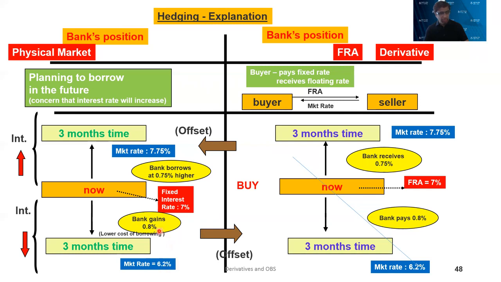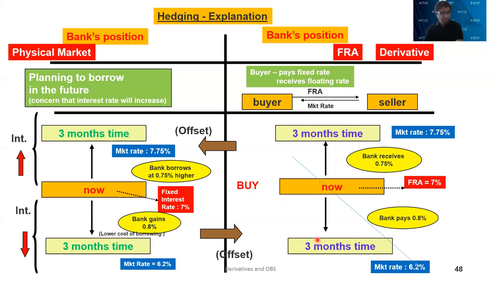So 80 basis points have to be paid, and you can see the arrow here, to the physical market. At the end of this contract, if you are hedging, you are always, as a buyer, paying 7%. You are not exposed to any risk. And this is how the hedging works.